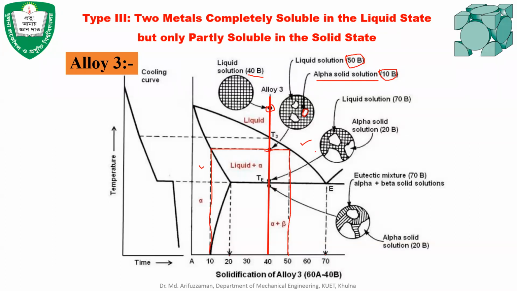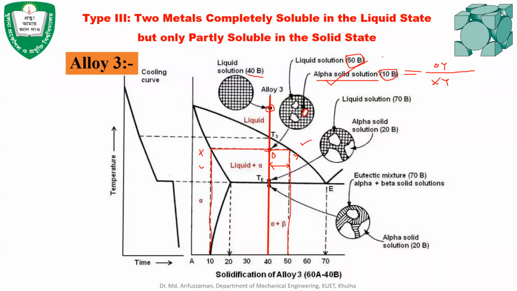Now, if you want to find out how much alpha solid solution is produced, then to find the percentage, let's say we denote this point X, this is Y, and this is O. To find the percentage of alpha solid solution, we have to consider the total length, which is XY. The percentage of solid is given by the length from O up to Y. From this, we can find the alpha solid solution percentage.